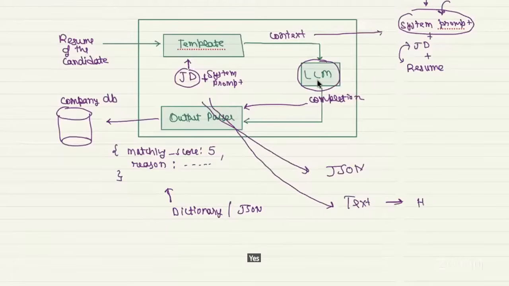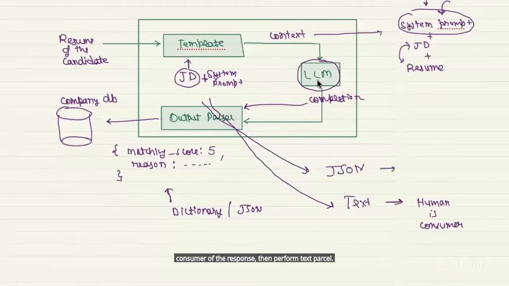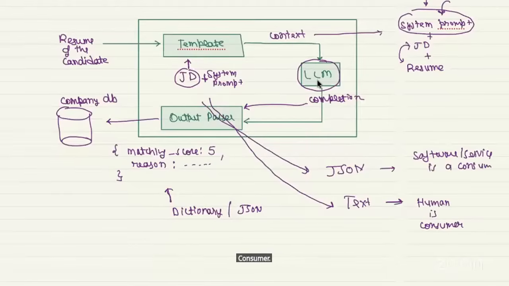Yes, if the human is the consumer of the response, then perform text parsing. Otherwise, if some software, service or a computer is the consumer, try to generate the response which is computer friendly, in simple terms in the form of JSON.